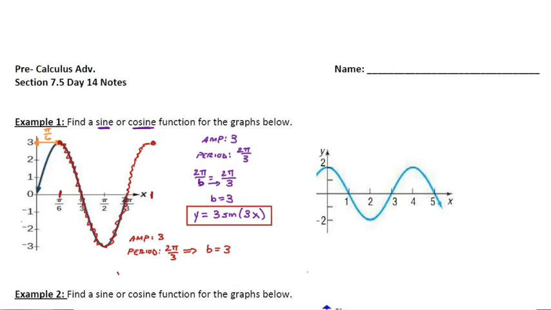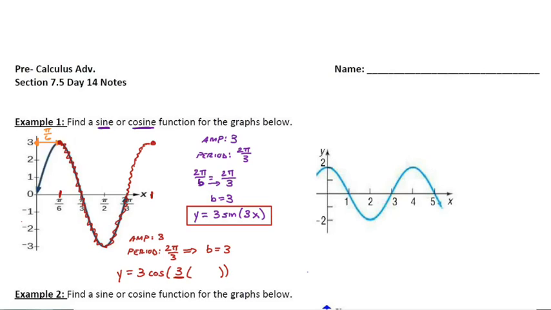So if I think about how that's going to change my function, it'll still be y equals 3 out front, cosine. But now, if you look at what I wrote here, I'm going to separate my b value, which is going to be out front of my quantity, and inside that interior set of parentheses will be the notation for my phase shift.